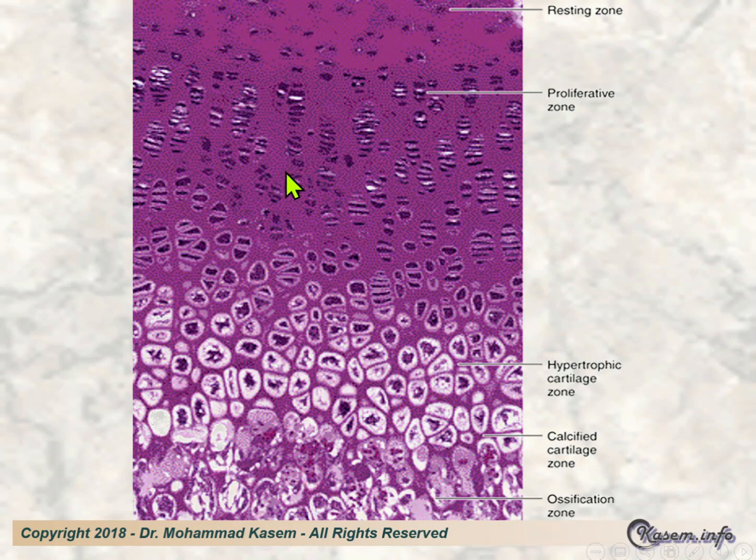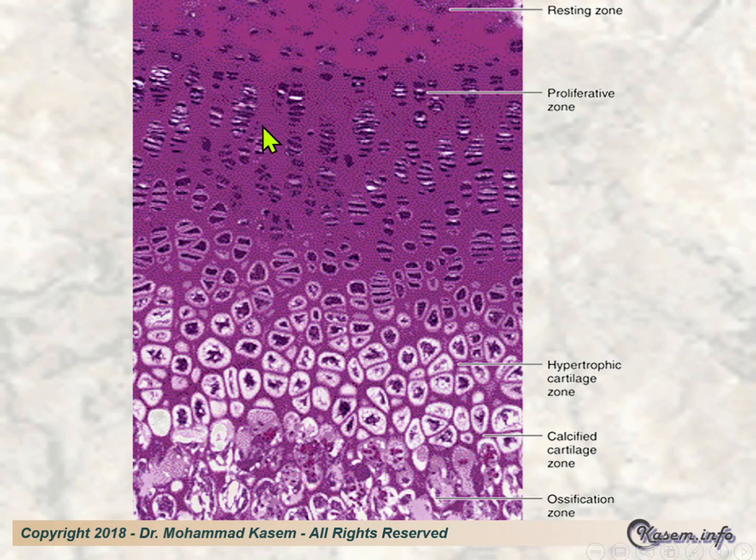Here the growth actually goes on inside the epiphyseal ends of long bones during childhood and after puberty. It grows by the effect of growth hormone and other hormones on the epiphysis. It stimulates the epiphysis to start proliferating.